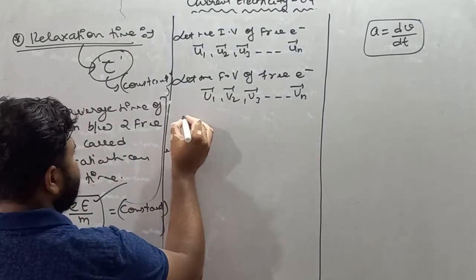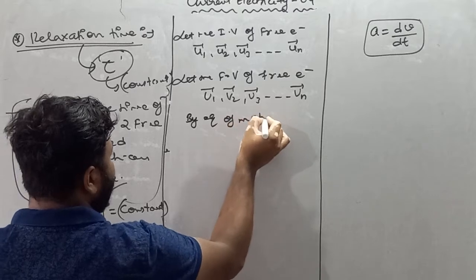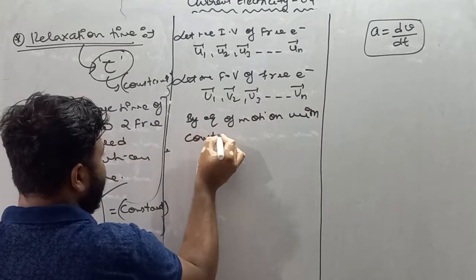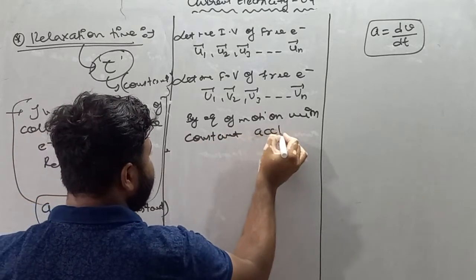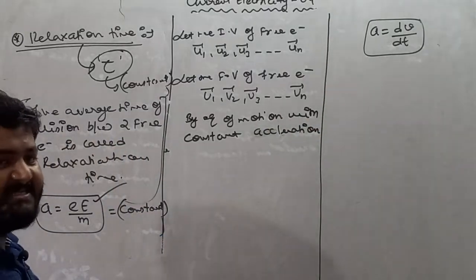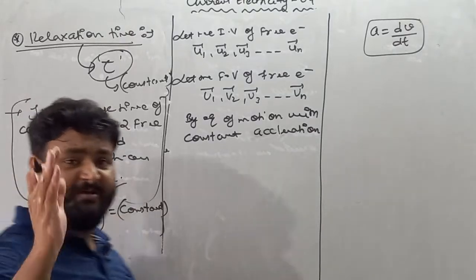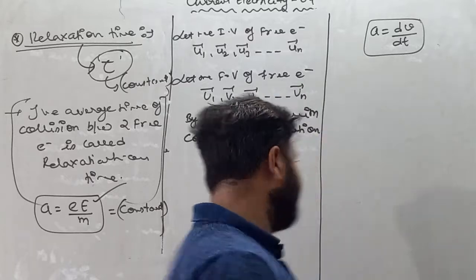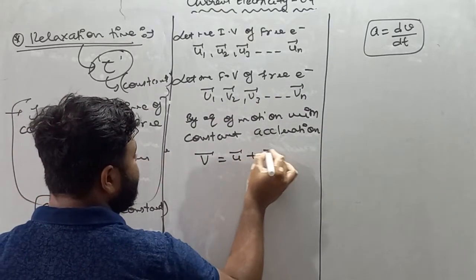So I'll use the equation of motion with constant acceleration, my dear student. We are capable of using the equation of motion now, because acceleration is constant. I am using the equation of motion, v is equal to u plus at.